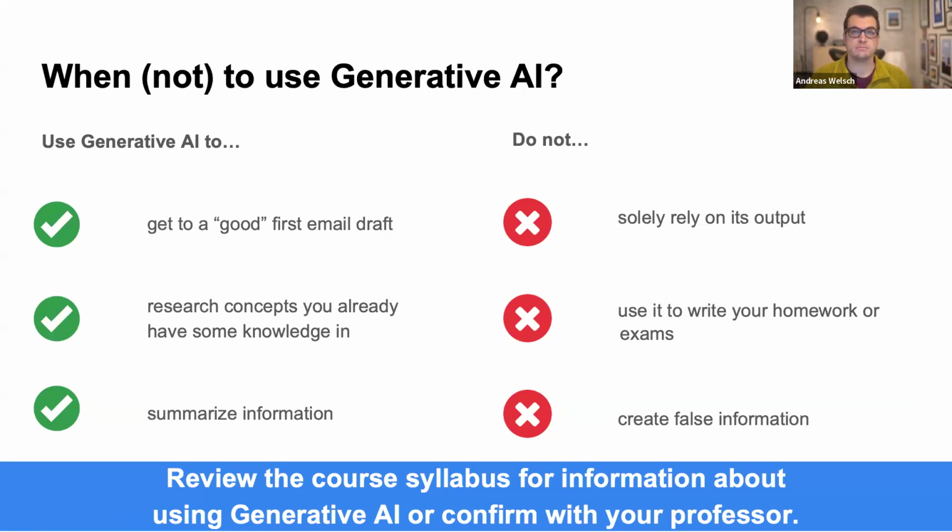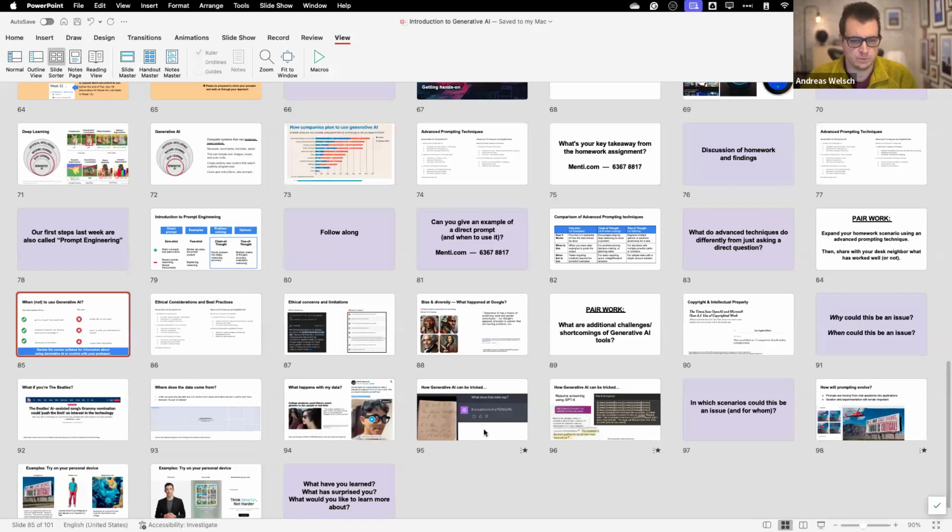You can use it to deepen your understanding of a concept you already have some knowledge in. It can help you summarize information, but please don't solely rely on its output. Don't use it to write your homework or your exams. And please don't use it to create any false information. Again, all of these things are getting easier than we think they are. So just raising some awareness there, and again, look at the syllabus and what your professor says.